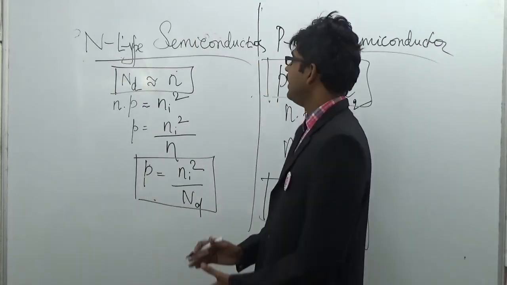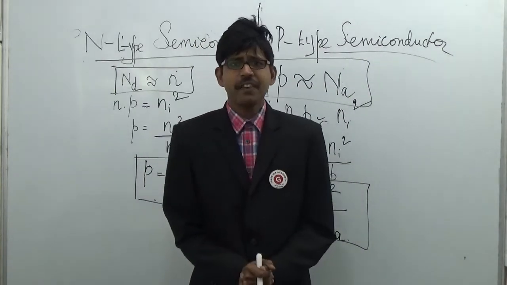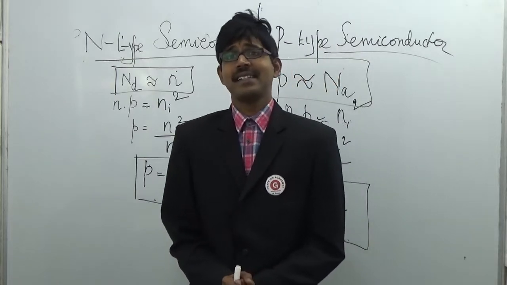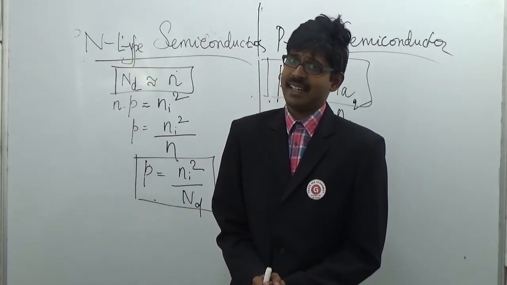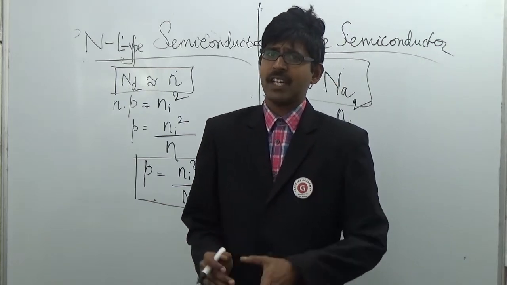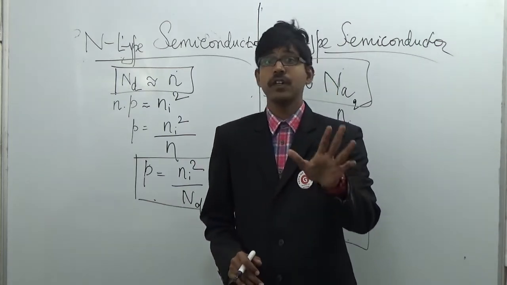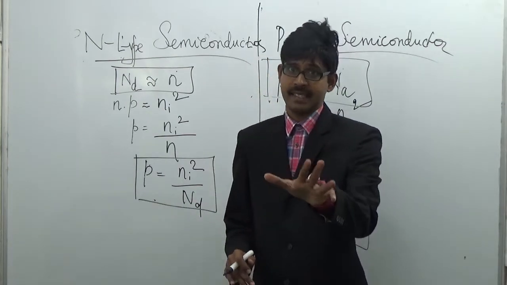Is that okay? Now, how to identify whether the semiconductor is a p-type semiconductor or n-type? Because in the question, whether it is a p-type or n-type semiconductor will not be straight away given. So you must be able to identify what type of semiconductor it is.